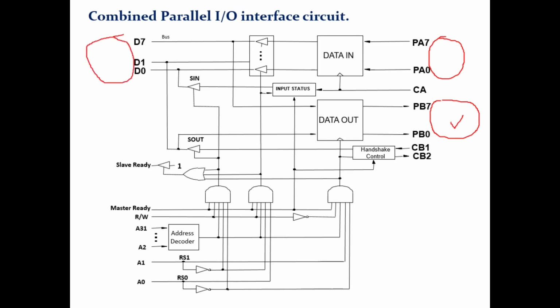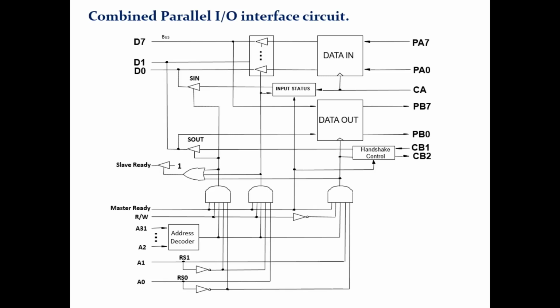The processor reads or writes data on the same data bus. But in the interface circuit we have two different buses: PA0 to PA7 to read data from an input device and store it in the data in register. Similarly, PB0 to PB7 transfers data from the data out register to the output device.